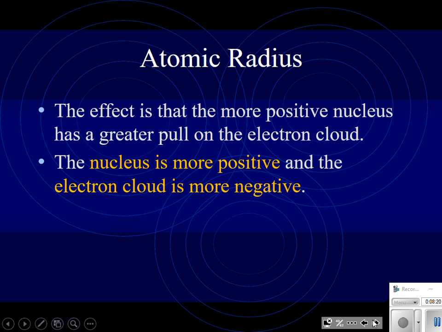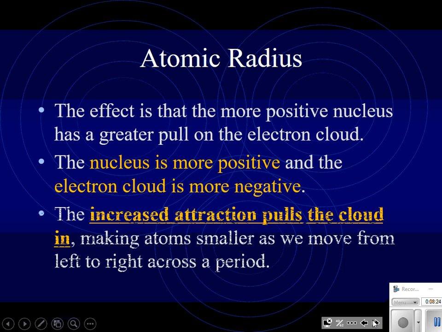So as the nucleus is more positive, the electron cloud is more negative. The increased attraction pulls the cloud tighter, making the atoms smaller as we move from left to right across the period.